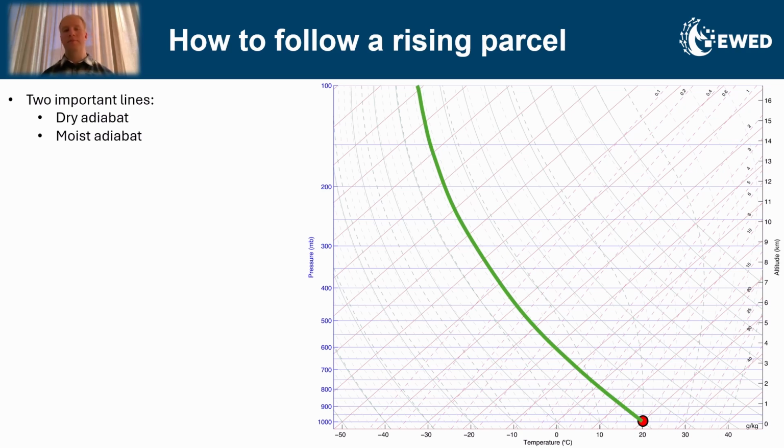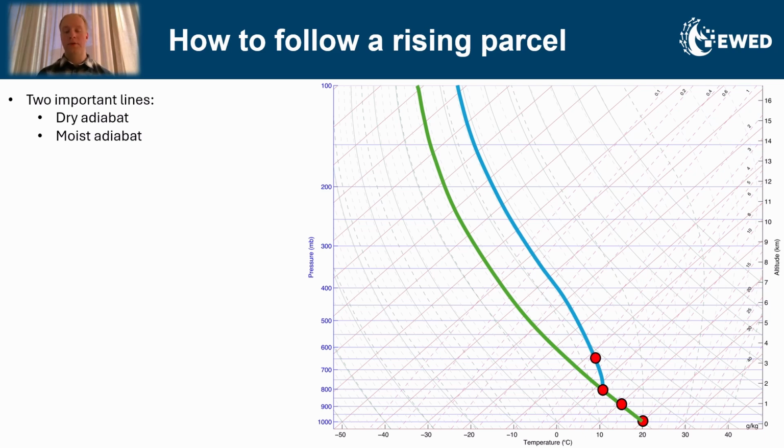But at a certain point, we reach saturation. So we need to switch from the dry adiabatic line to the moist adiabatic line, which would be the blue line here. So if in the end we start following the parcel, we go up at first following the green line, but in this case at about 800 hectopascals, we switch to the moist adiabatic line because we assume in this case it reaches saturation.